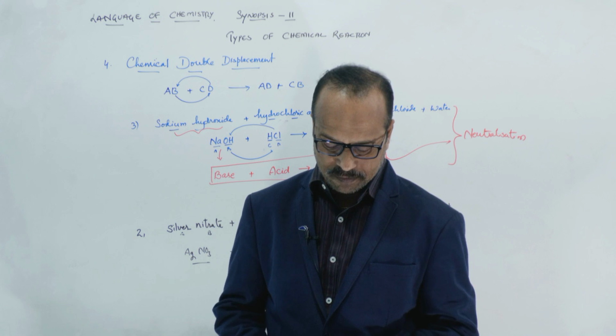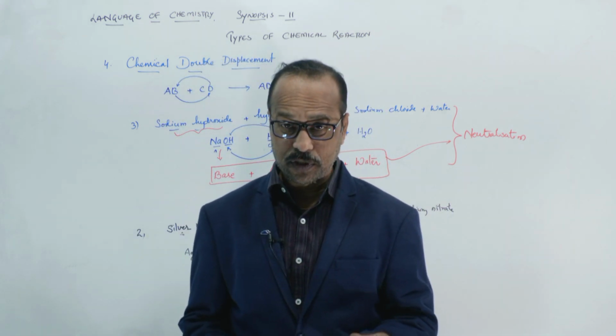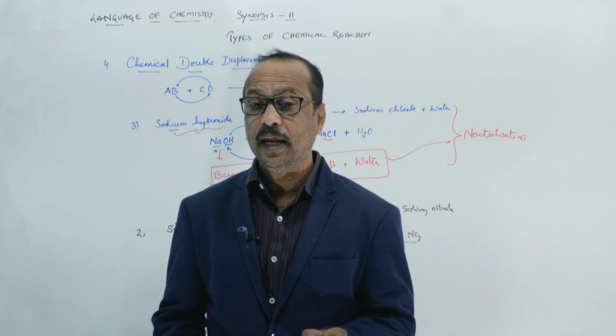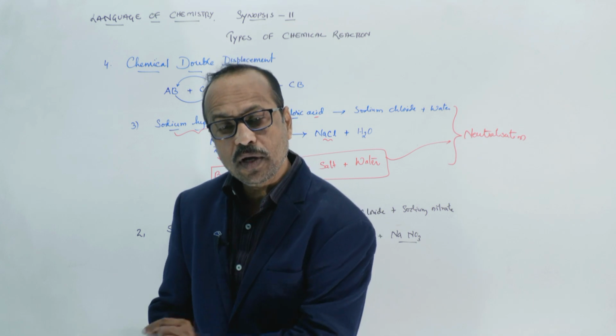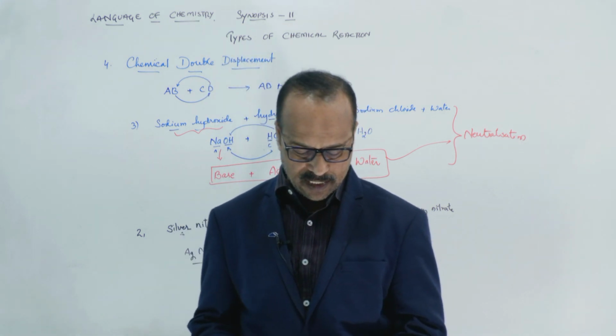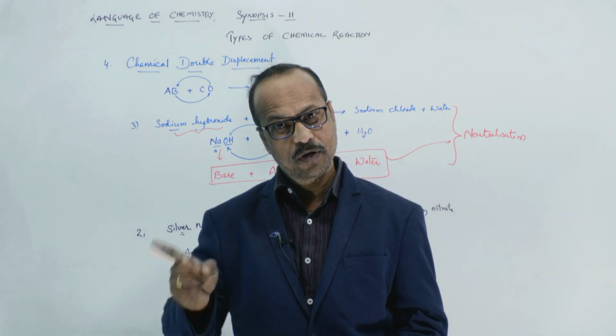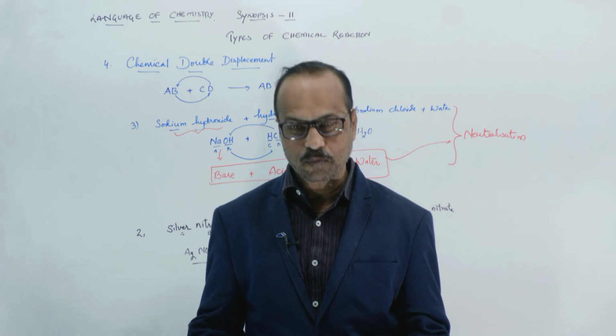Next, the fourth one: 2NaNO3 on heating decomposes into NaNO2. NaNO3 is sodium nitrate, and NaNO2 is sodium nitrite. One reactant, two products, so it is chemical decomposition.